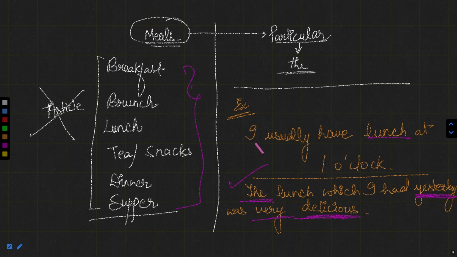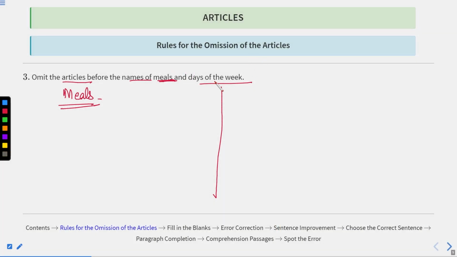Now we'll talk about the days of the week, and when to use the or when not to.